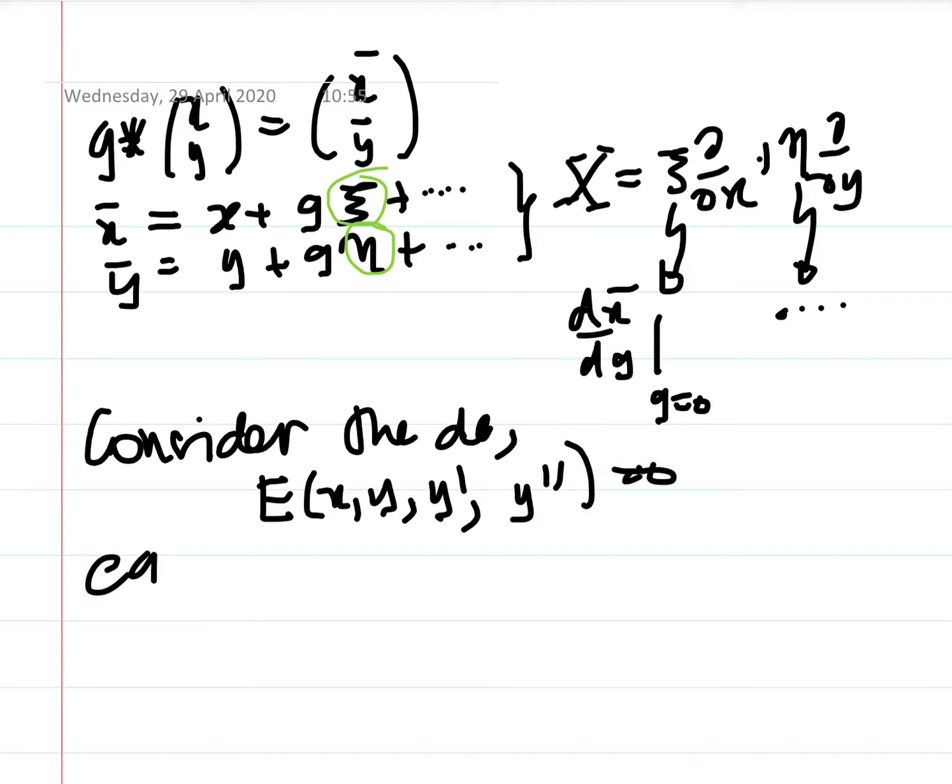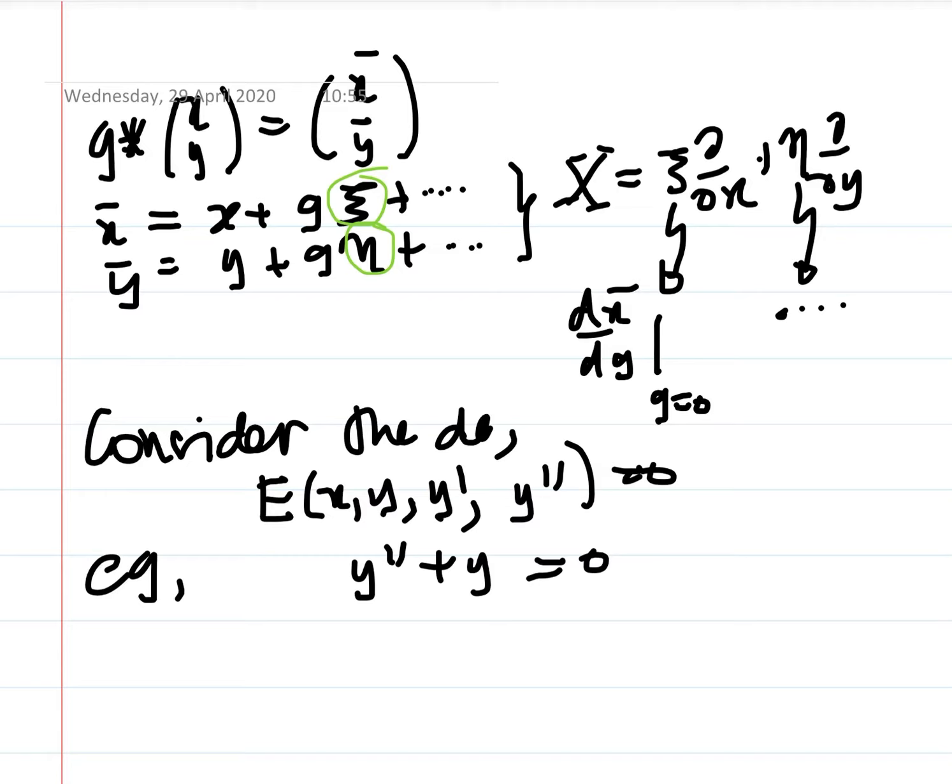For example, we have the simple harmonic oscillator equation y double dash plus y equal to 0. So this is then the function E on the left hand side. So when this function E equals 0, you end up with a differential equation.